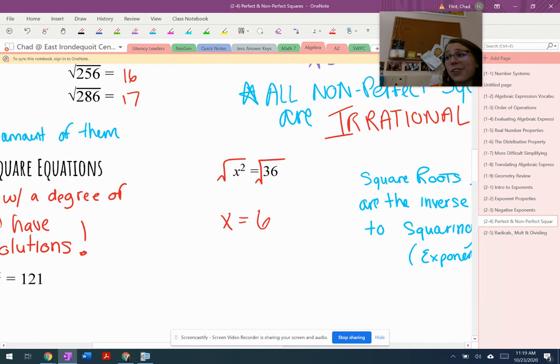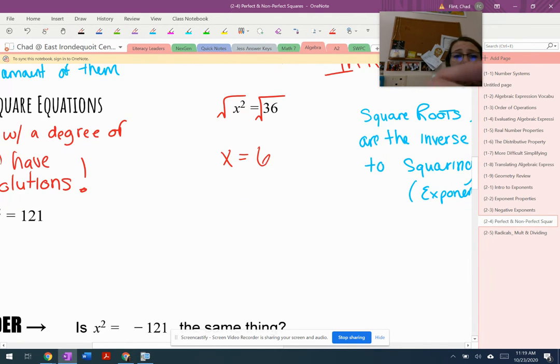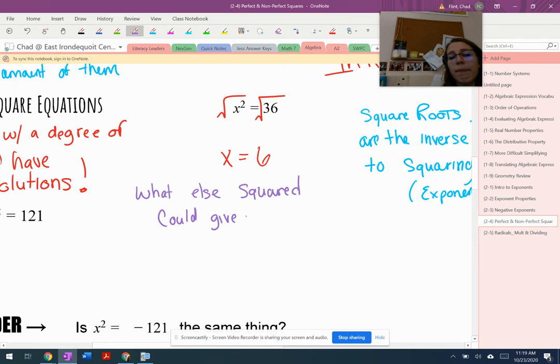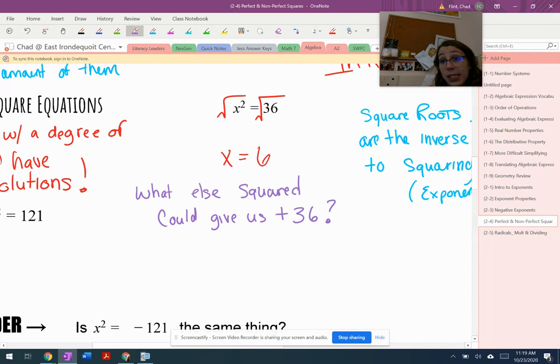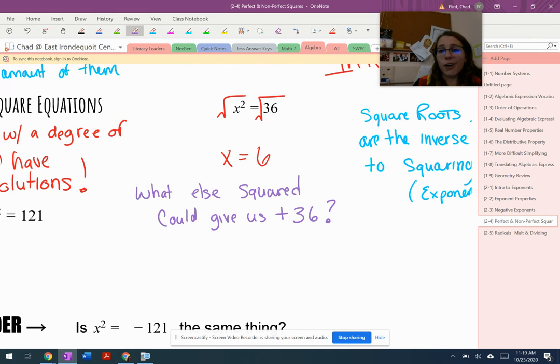So we need to think about what else squared could give us positive 36. What other number could I multiply by itself, the way I'm multiplying 6 times 6 to get 36? What other number could I square or multiply by itself to get positive 36?